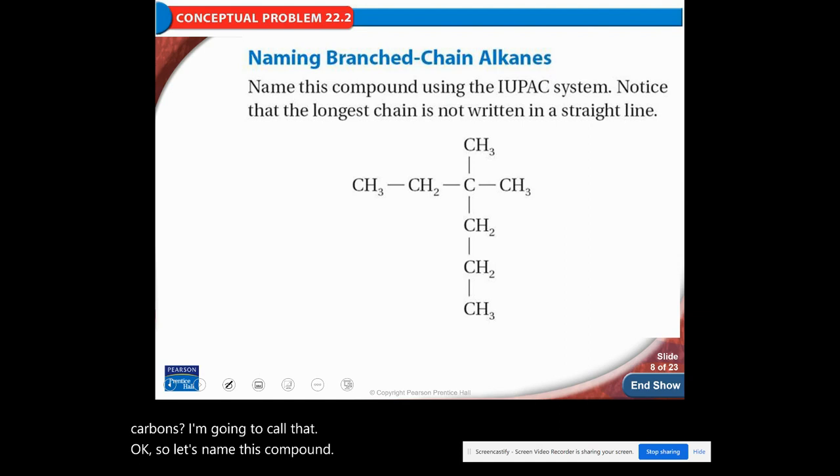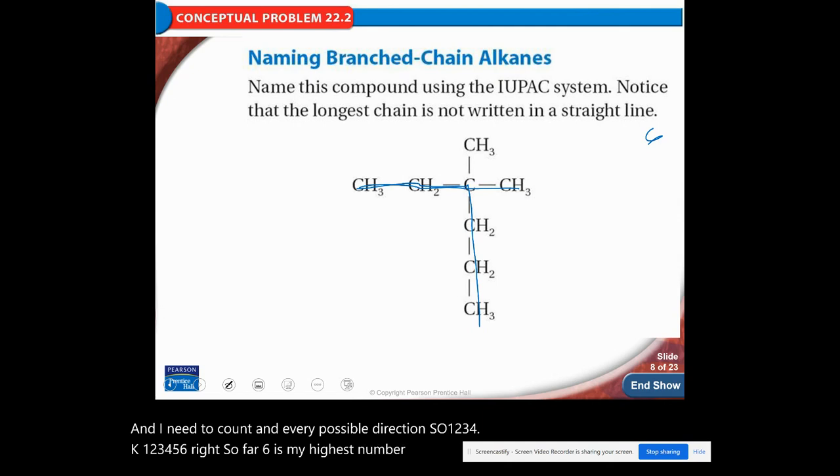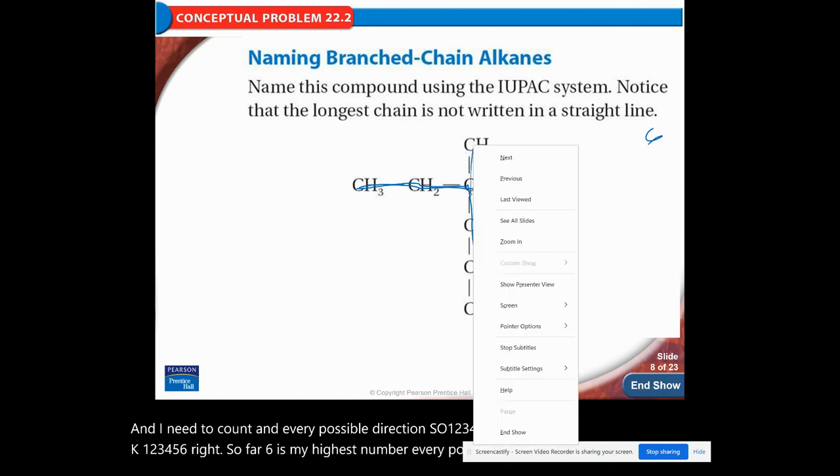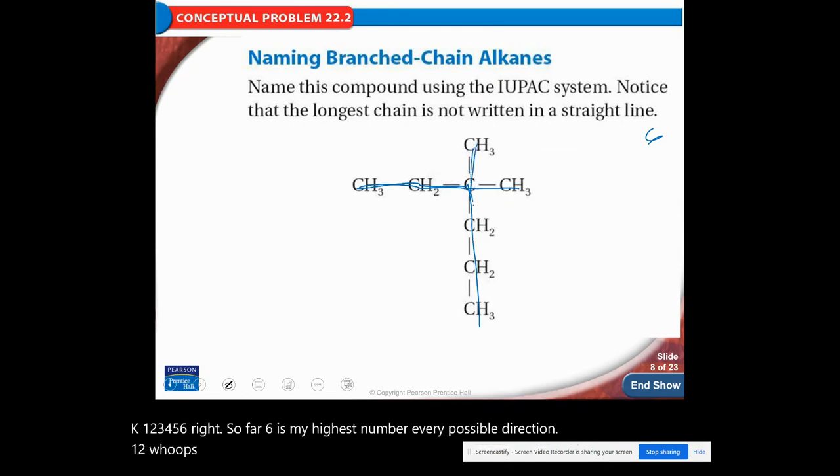I need to count in every possible direction. So 1, 2, 3, 4. Okay, 1, 2, 3, 4, 5, 6. All right, so far 6 is my highest number. Every possible direction: 1, 2, 1, 2, 3, 4, 5. 1, 2, 3. 1, 2, 3, 4.